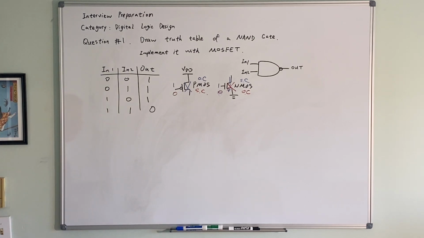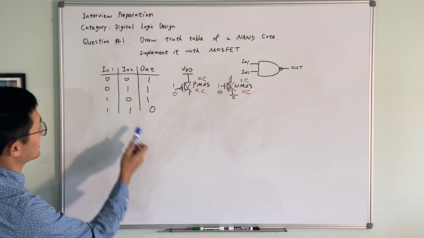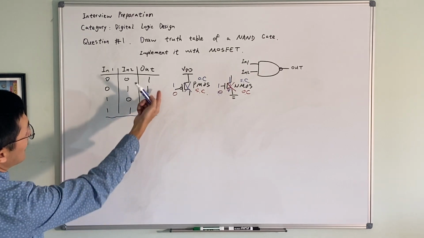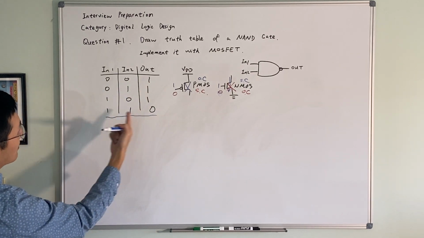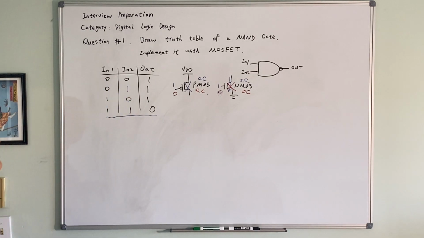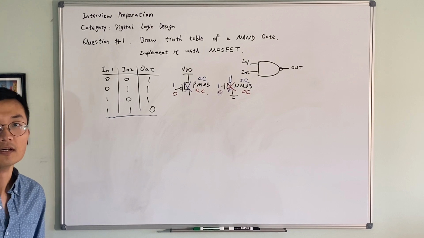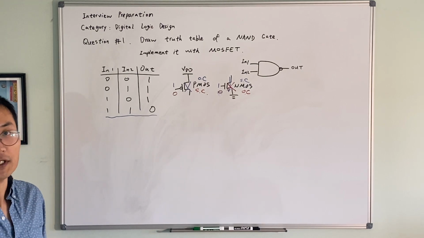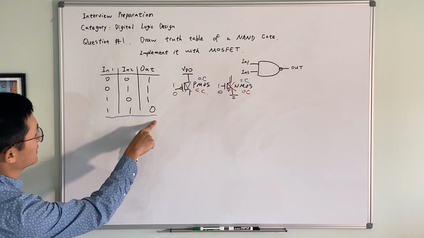Okay. So let's take a look at the truth table again. The clue is right here. The output is going to be 0 only if both input 1 and input 2 are true. Now think about it from the circuit standpoint. What kind of configuration would give you this kind of logic?